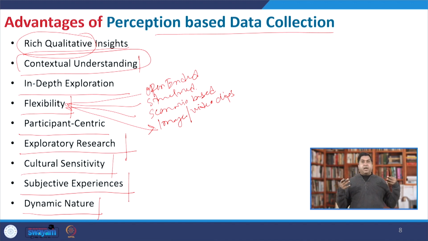If I am disturbed for some reason and having stress, my answer will probably be different compared to when I don't have any other things and am very joyful. Whenever you capture information from users, you may not know their base level condition, and there might be some sort of dynamic impact. This can be captured through a perception survey, and in that case you have to do a longitudinal survey.